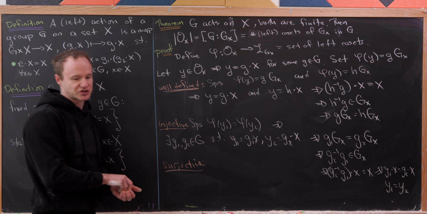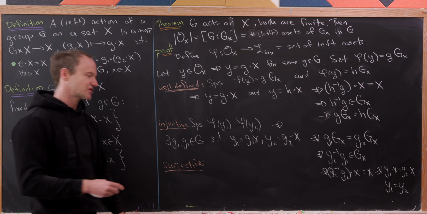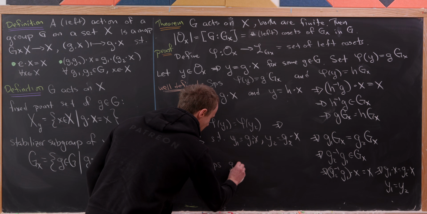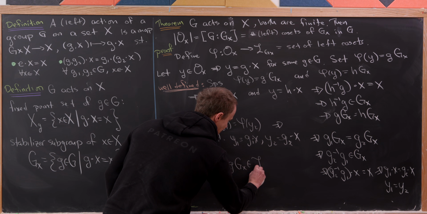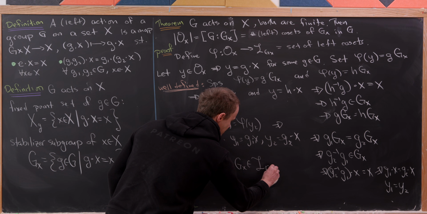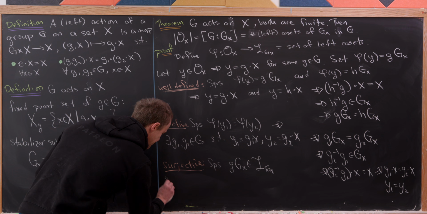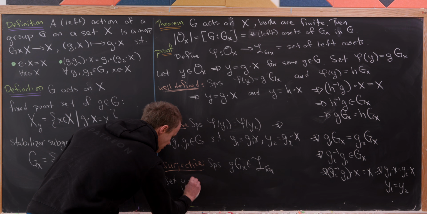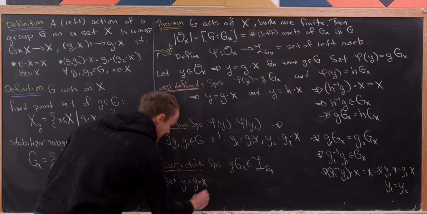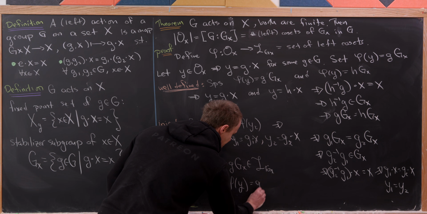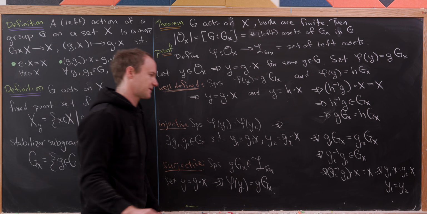Now let's show that it's surjective. And this is actually maybe the easiest one. So let's suppose we've got a coset. We'll call it gG_x, and this is in the set of left cosets. Good. But now all we do is we set y equal to g dot x, and then immediately we see phi of y is equal to the coset that we started with.